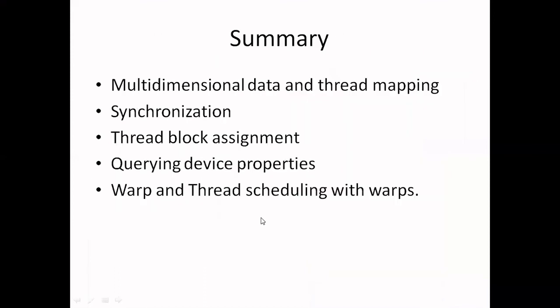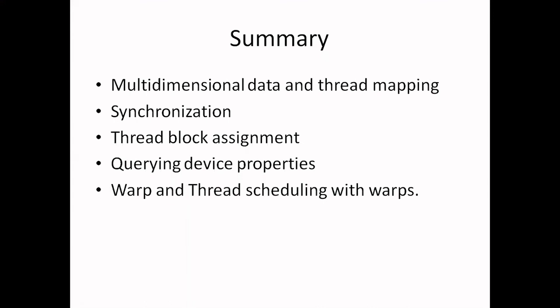So in this session, we have seen how multidimensional data are mapped to each thread. We have seen that you can use synchronization, __syncthreads, and how thread blocks are assigned.